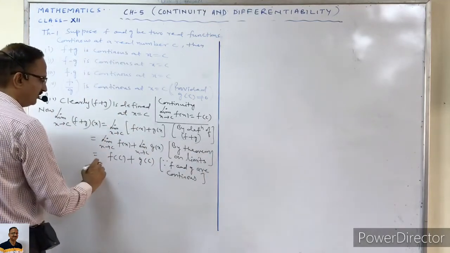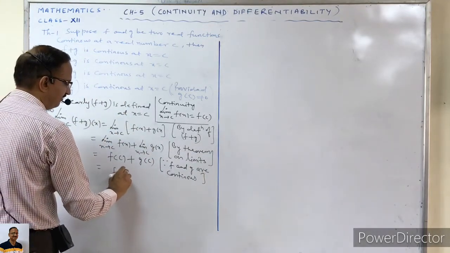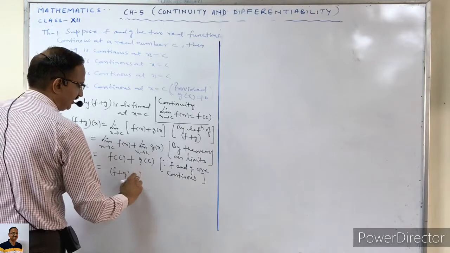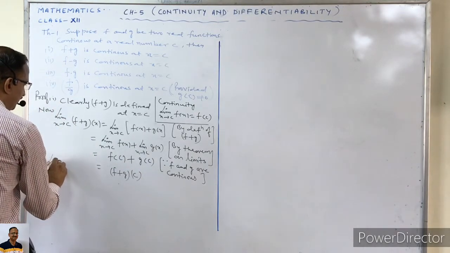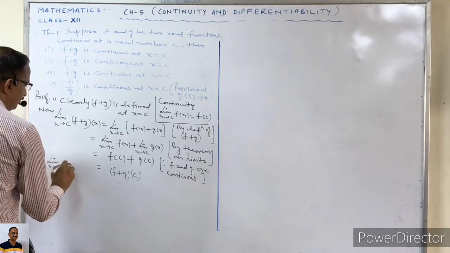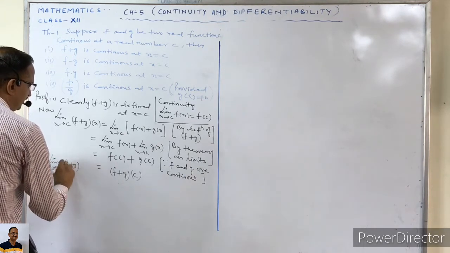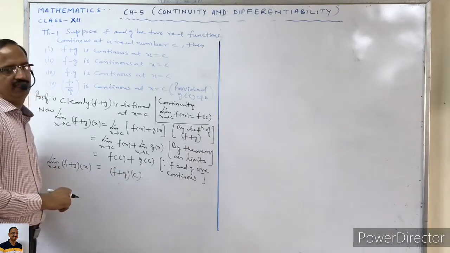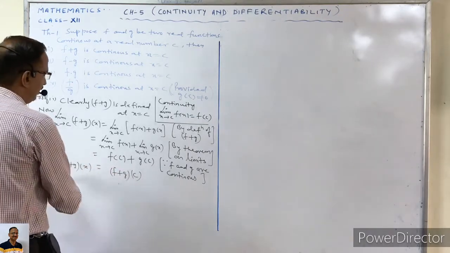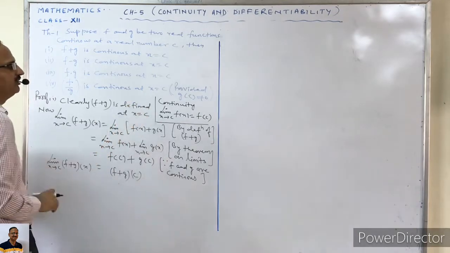Okay, now this can be written as (f plus g)(c). So finally we get limit x tends to c, (f plus g)(x) equals (f plus g)(c), and this is nothing but the definition of continuity.